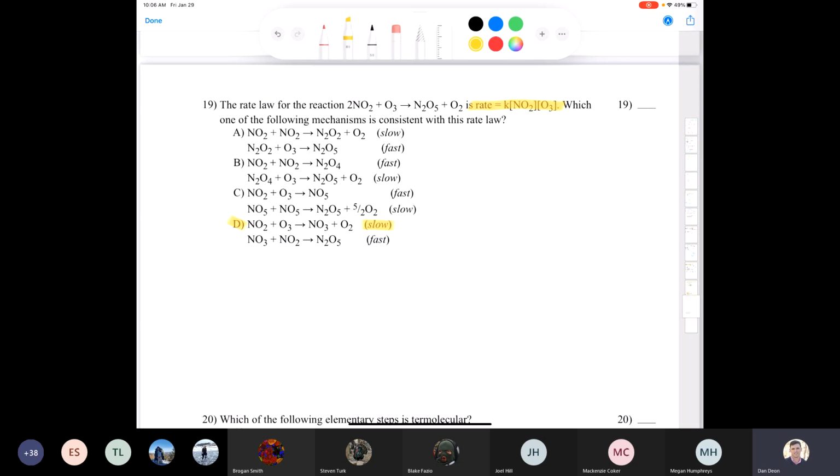If I look at the rate determining step, you can see that these are the reactants, and that's an elementary reaction, and its rate would be equal to k times the concentration of NO2 times the concentration of ozone, just like that. And that is the same as this rate law. Again, the rate determining step is going to dictate the rate law. And so there you have it, my friends. That's the answer, D.